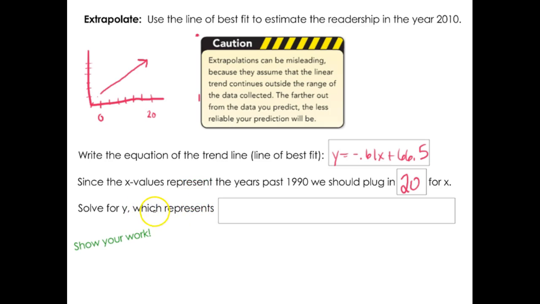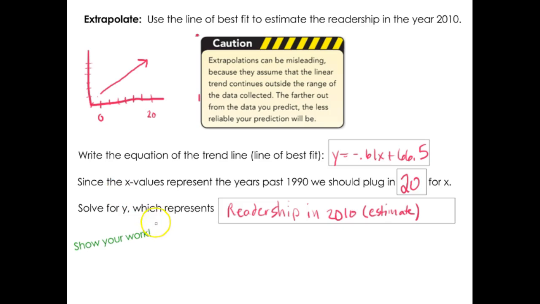Solving for y will represent readership in 2010. And we just want to make sure that people know it's an estimate. We're not going to know that for sure. We don't really have data on that.